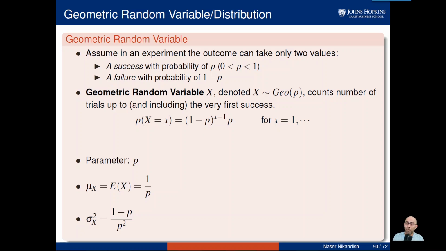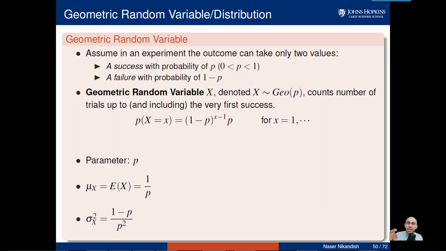Well, how do we define the Bernoulli, I'm sorry, geometric random variable? A geometric random variable measures the number of experiments, the number of repetitions, until we get to the first success. There's a fundamental difference between the geometric and the binomial. For the binomial, you flip a certain number of times and you count the number of successes. In geometric, you don't know how many times you are going to flip.